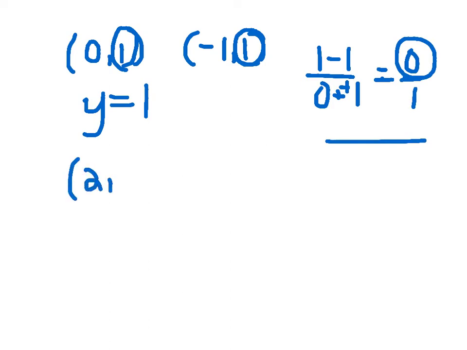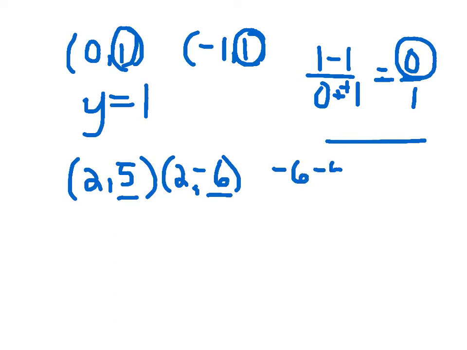Similarly, if I take it going through the points 2, 5 and 2, negative 6, I can compute the slope, and this time I'm just going to switch it up. This time I'm going to start with this y and subtract that just to show you it doesn't matter which way you do it. Negative 6 minus 5 over 2 minus 2 is negative 11 over 0.